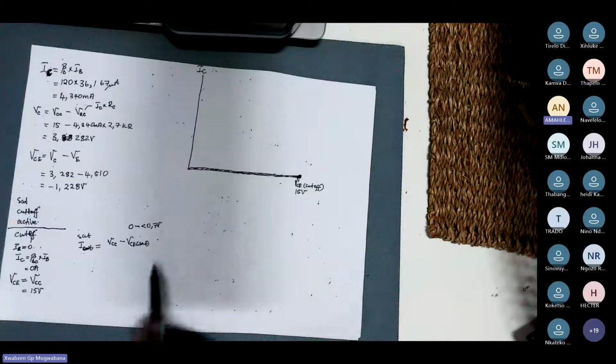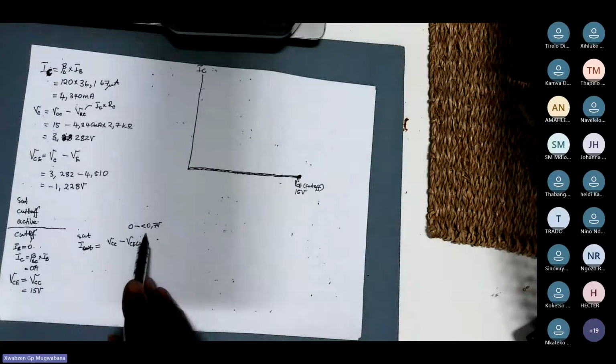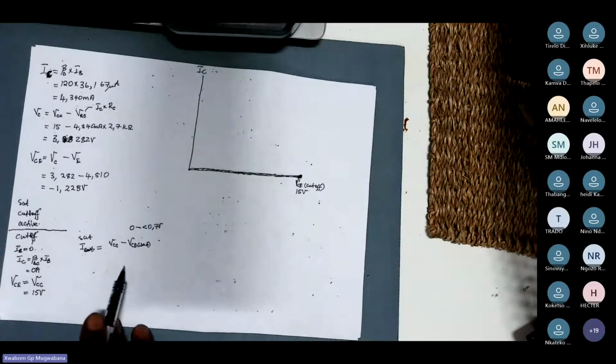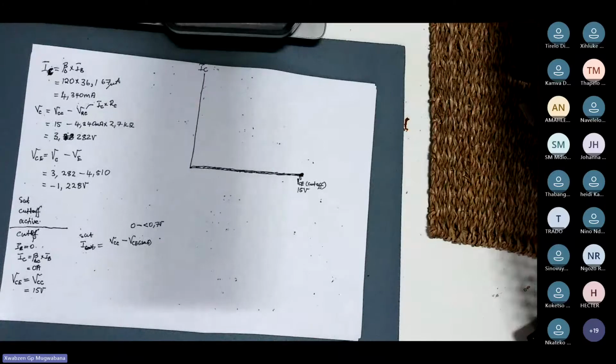As long as it's below 0.7 volts, it will remain at saturation. The moment it jumps past 0.7 volts, your saturation region has fallen out. Once your saturation region has fallen out, you are now on the active region.